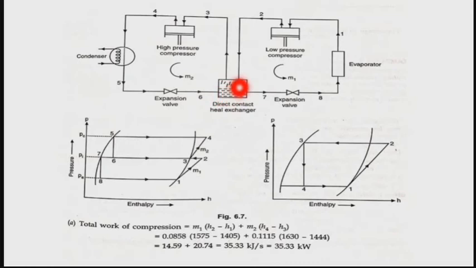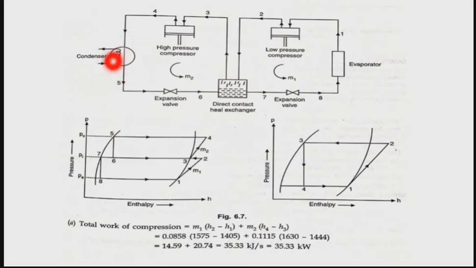Then that amount of refrigerant passes through an expansion device, 7 to 8, and reaches the evaporator. But the rest of the refrigerant comes to the high pressure compressor, where it is pressurized again, and then goes to the condenser, where it gets condensed and becomes liquid.